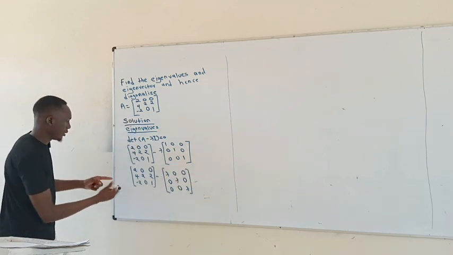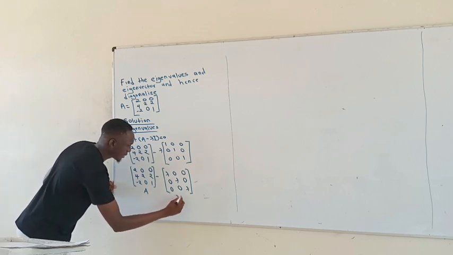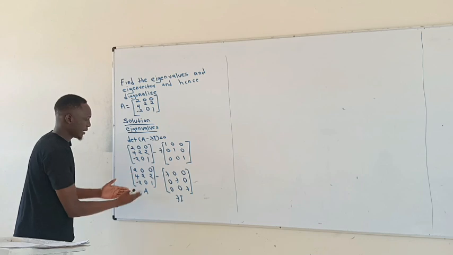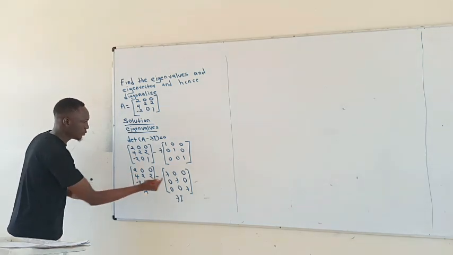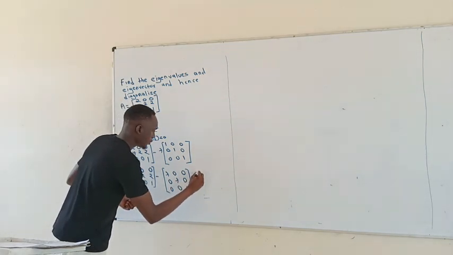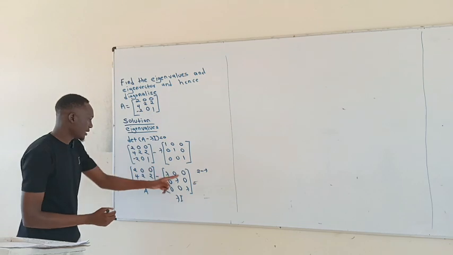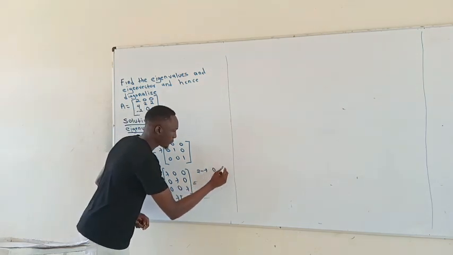Now we have, this is our A. This is our lambda times the identity matrix. Now we find A minus lambda times identity matrix. It will be 2 minus lambda. Then we have 0 minus 0 is 0, 0 minus 0 is 0.